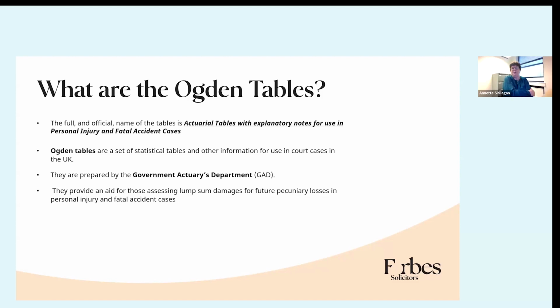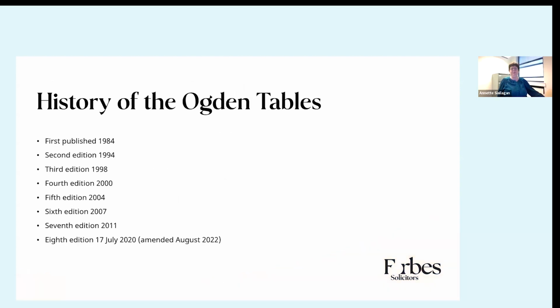So, for example, for your future loss of earnings, you'll have your multiplicand, which is the net loss of earnings per annum, and you will then use the Ogden tables to choose the appropriate multiplier to apply to your multiplicand.